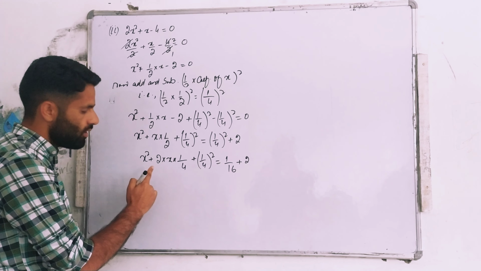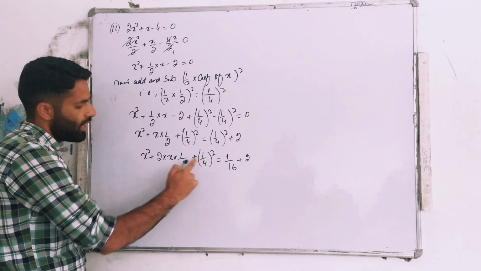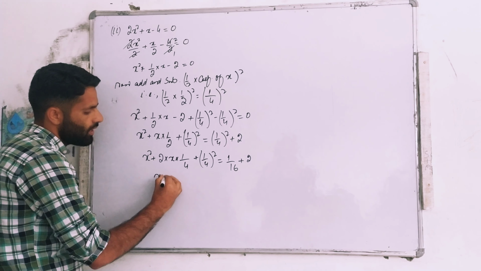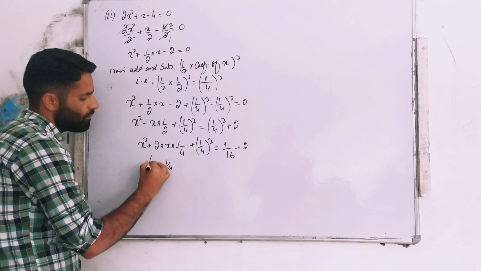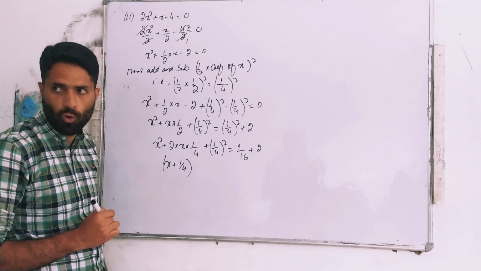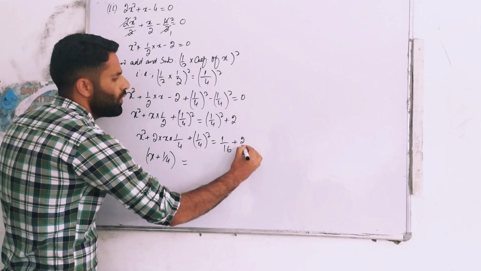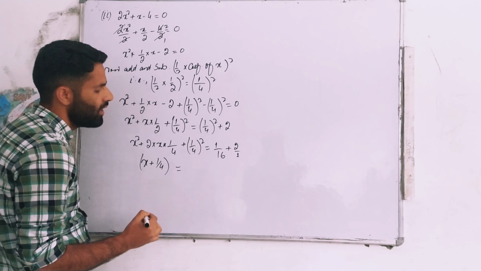My dear students, if you look here, a square plus 2ab plus b square will be a plus b whole square. In place of a it is x and in place of b it is 1 by 4 is equal to, now you will keep the denominator as 1 here.